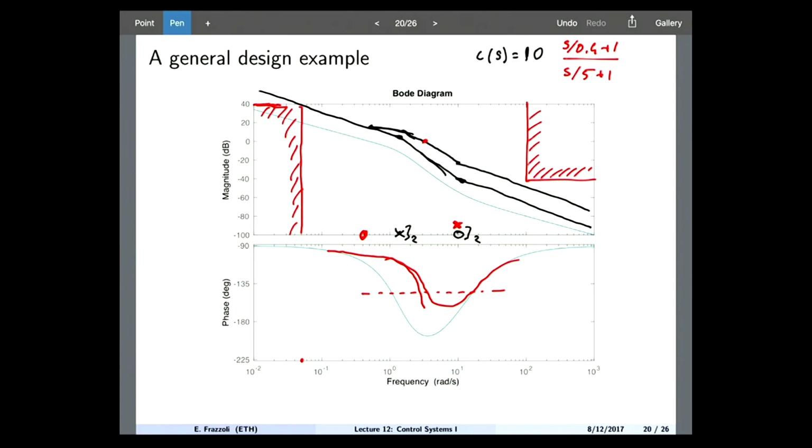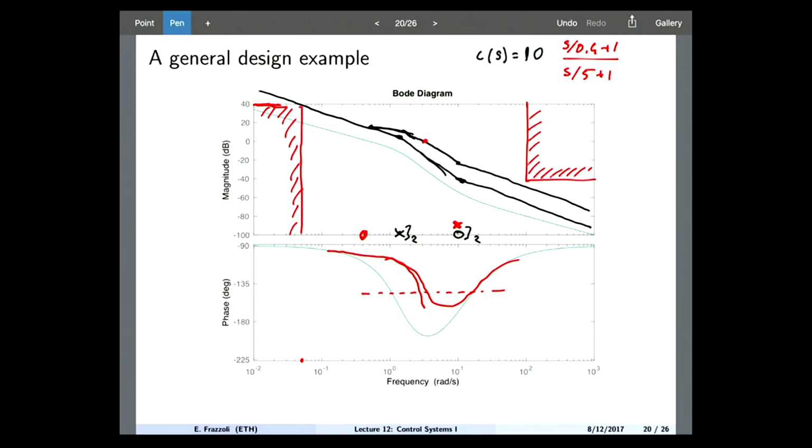This compensator here should allow us to meet all of our specifications: making the closed loop system stable, reducing the steady state error to something that we want, and not making the system too sensitive to high frequency noise.